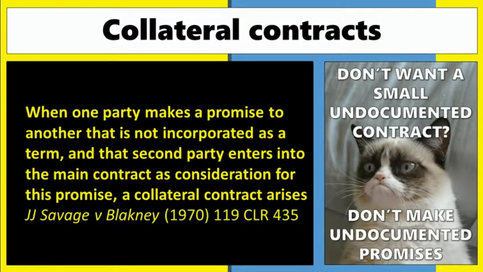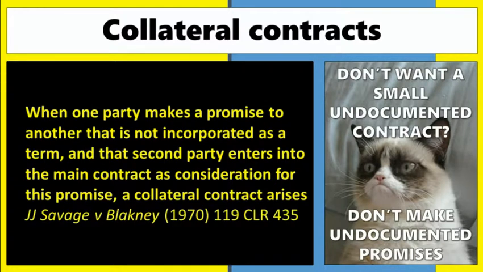The next thing I want to look at are collateral contracts. So thinking back to this idea that a representation can be made that's not part of the contract, that's not included as an express term, but can still have some form of legal effect. Well, sometimes a party has made a representation that is excluded, often because of the parole evidence rule, because the statement was made by party A to party B, but it wasn't included later in the formal contract itself.